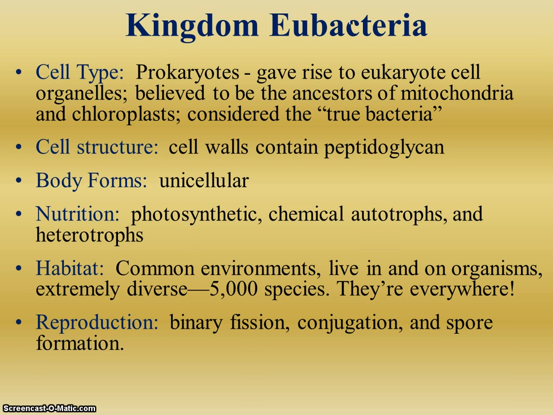Okay, so looking at some characteristics of our eubacteria, they're also prokaryotes, just like our ancient bacteria. But the eubacteria, we think, might have been the start of organisms that gave rise to eukaryotic life. They're single-celled.